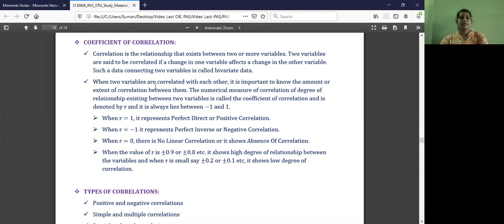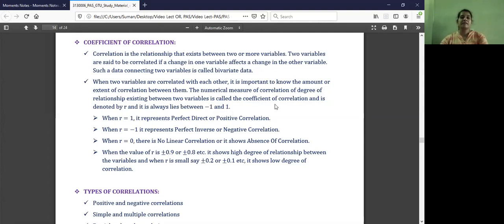Next, when two variables are correlated with each other, it is important to know the amount or extent of correlation between them. The numerical measure of correlation, or degree of relationship existing between two variables, is called the coefficient of correlation and is denoted by a small r. The coefficient of correlation is a very important topic in this chapter, and it always lies between -1 and +1.